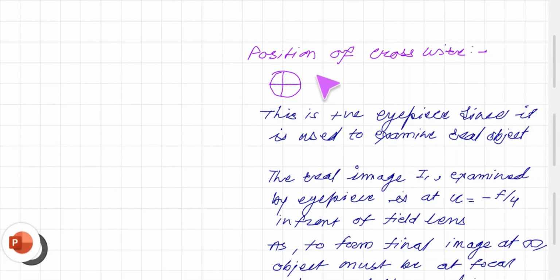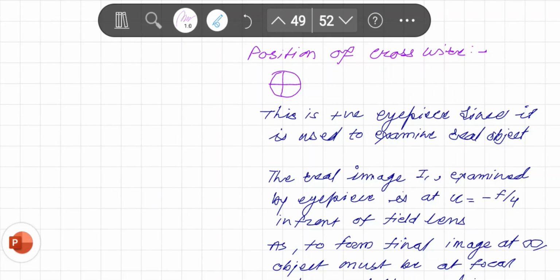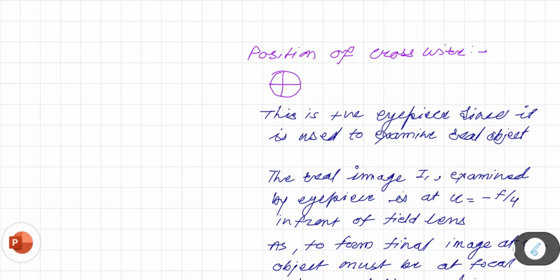Now let us talk about the position of the crosswire. Remember that the crosswire is actually used for measurements. Here this is a crosswire, and in the case of Ramsden's eyepiece, as we saw, this is an object, and this object is real and inverted.